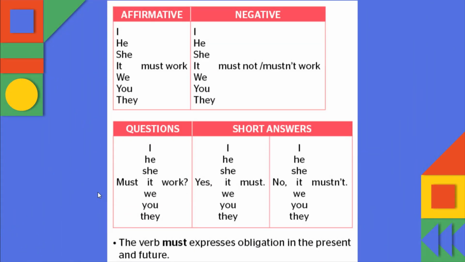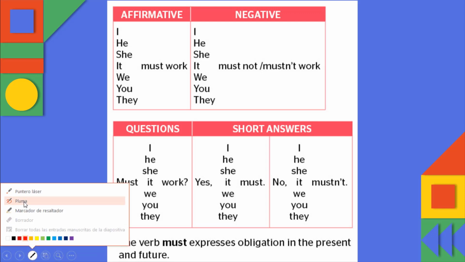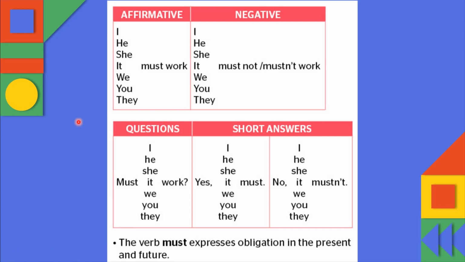Okay, now we have the grammar rule. Tenemos la regla gramatical. Okay, if you want to make an affirmative sentence, si quieres hacer una oración afirmativa, it's very easy because you need only to write down the subject.